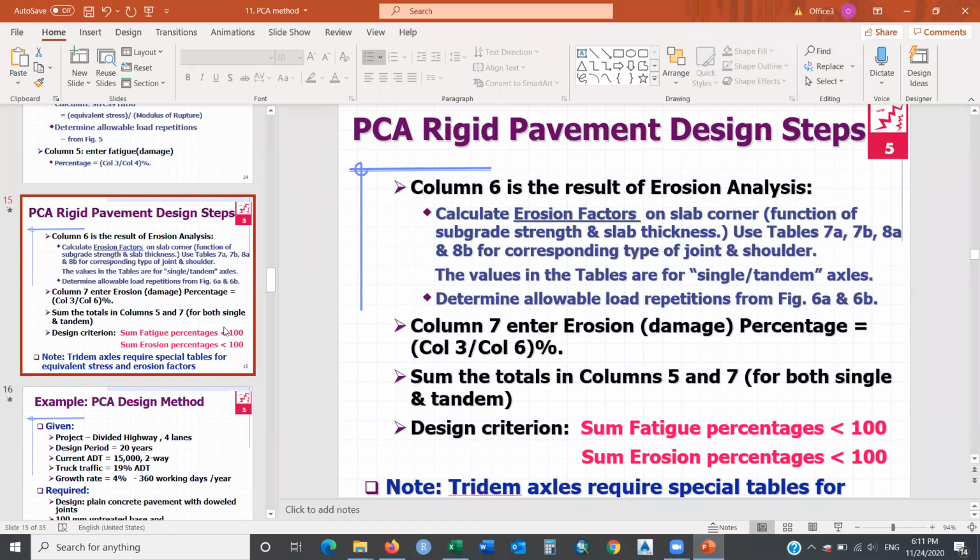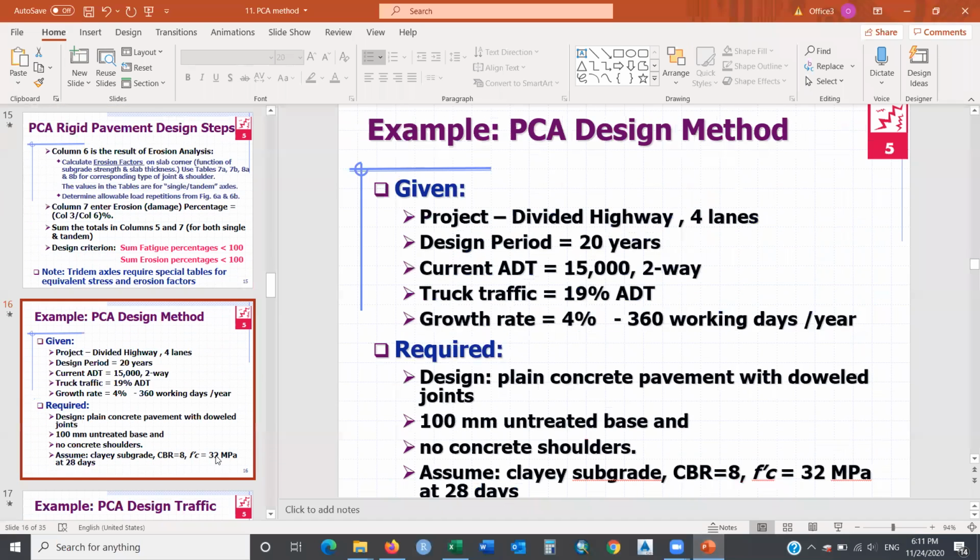Okay, so maybe it's time for us to do an example. So let us have this divided highway. The divided highway is 4 lanes. We have a design period of 20 years.